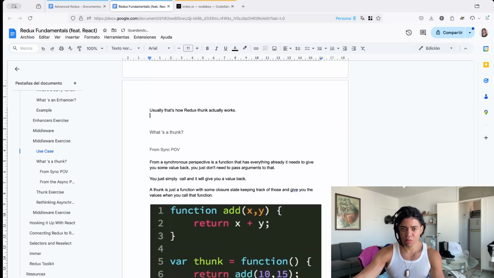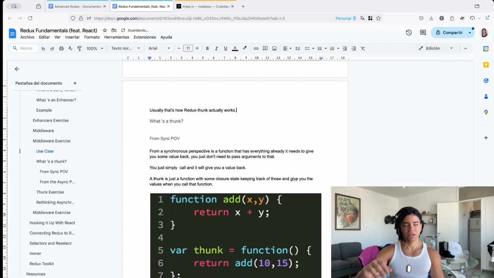But when we look at this async approach, we think, all right, this is great, this is good, but when it comes to actually dealing with the async nature, how can we do that?